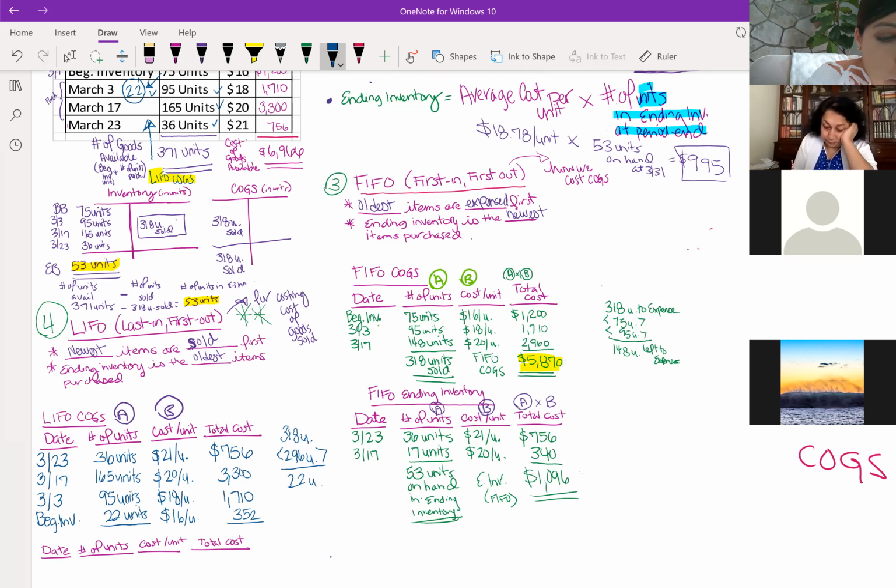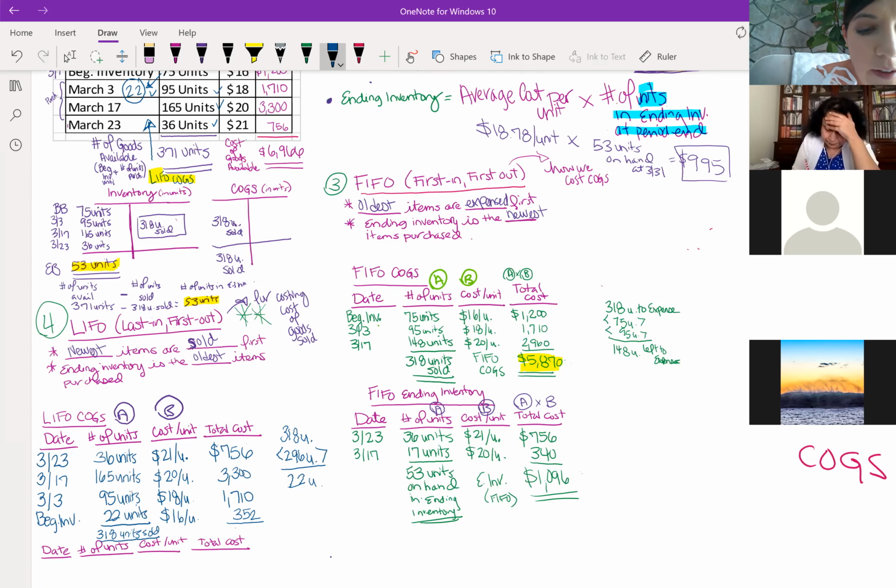Now, as a check, how many total units did we expense? What's the sum of these? 318. 318 units sold, so we know that's correct. We're only expensing the number we sold.